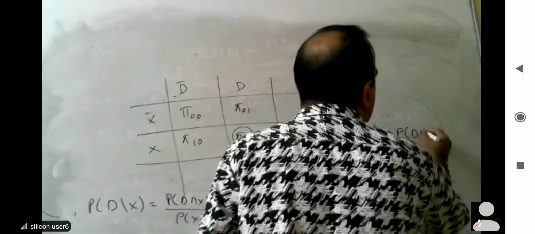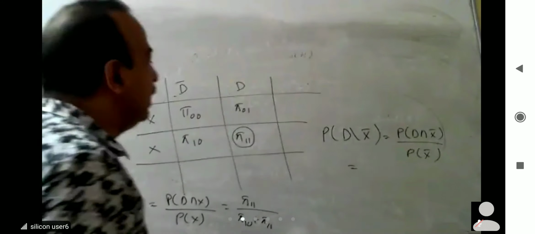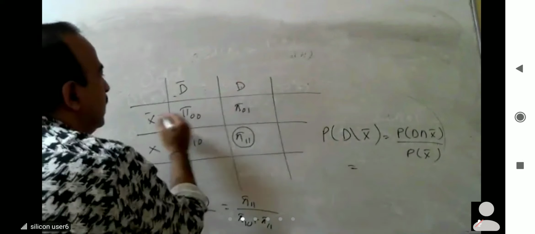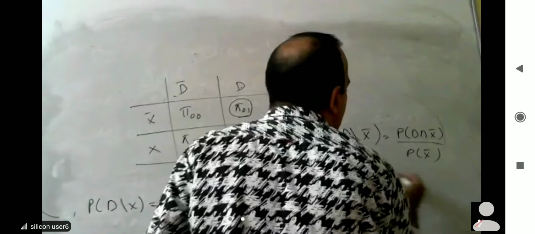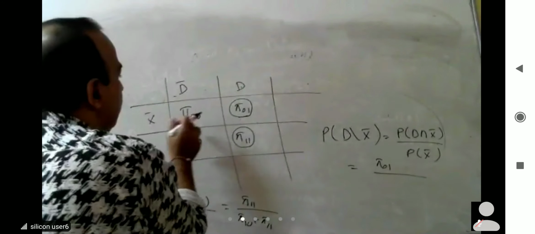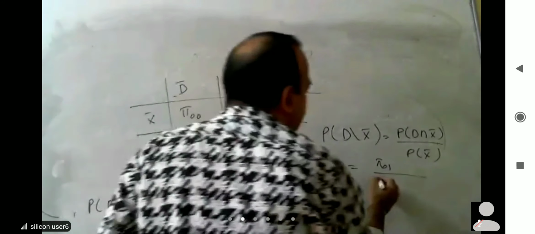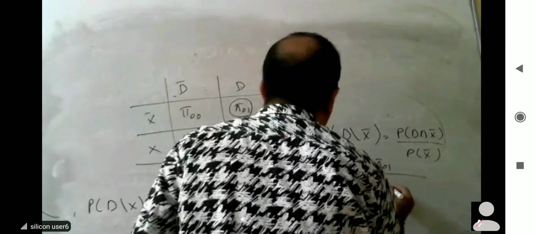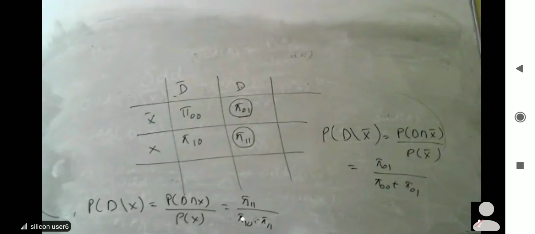Probability of D intersection X bar by probability of X bar. What is D intersection X bar? This is the intersection, so phi 0 1. What is P of X bar? P of X bar means this line, this plus this: phi 0 0 plus phi 0 1. Got it?